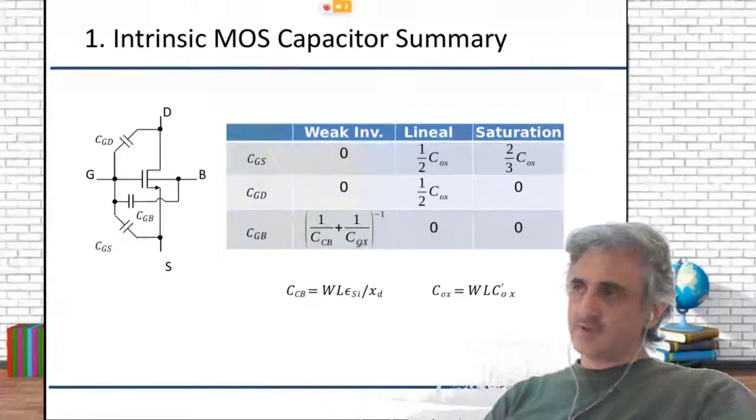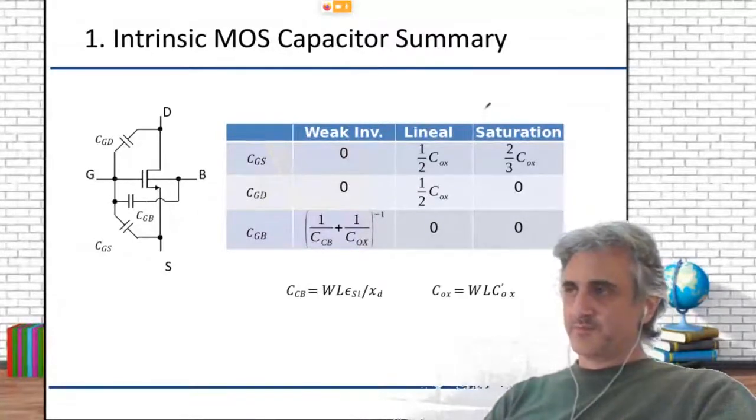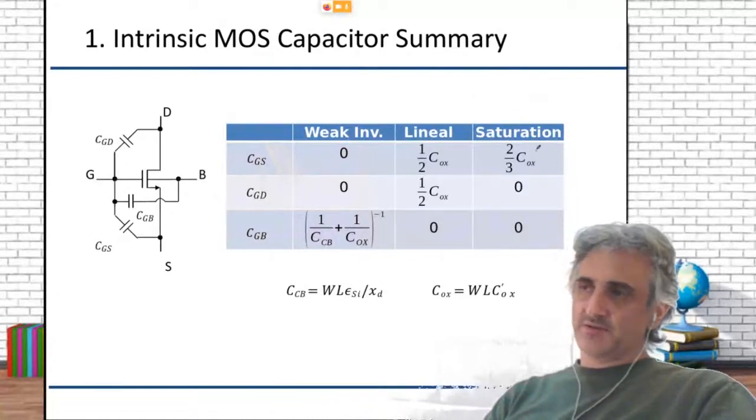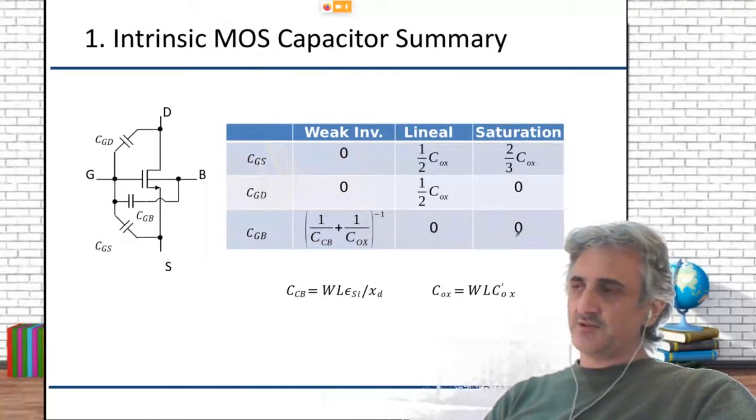Then we go to saturation. In saturation, the gate capacitance is 2/3 of the C oxide, and the other two are 0. This is because of the channel.